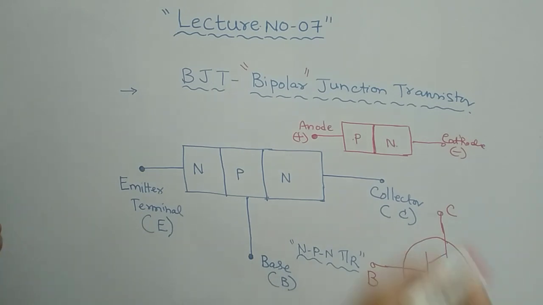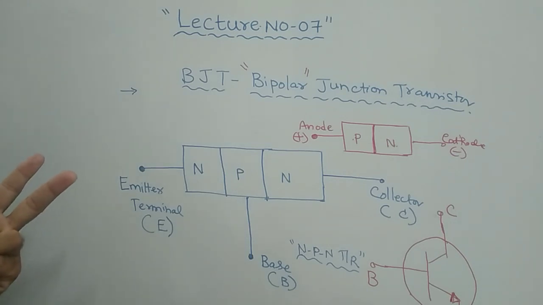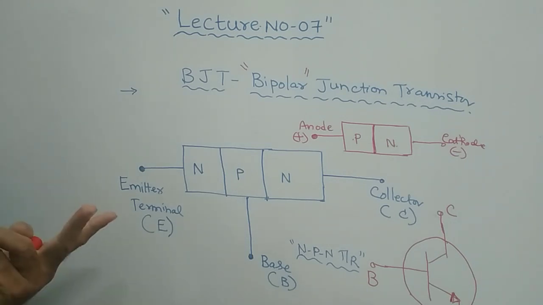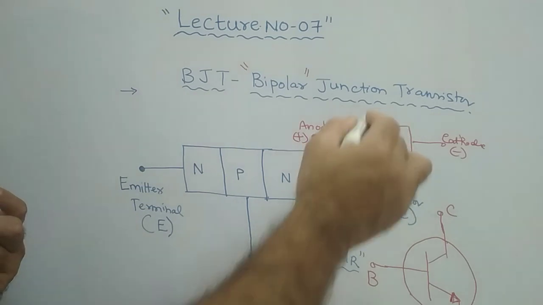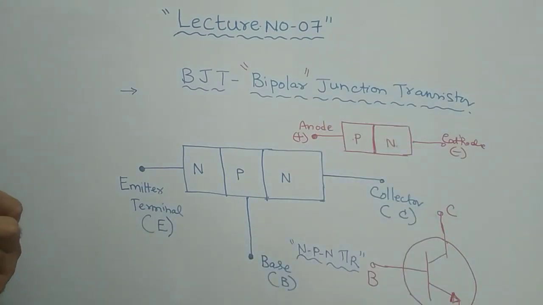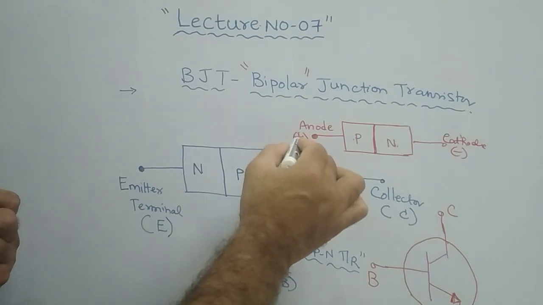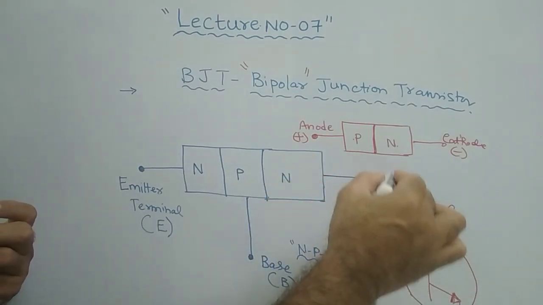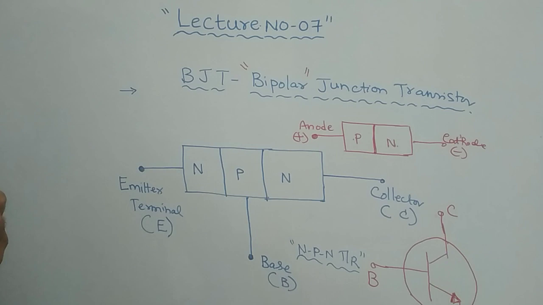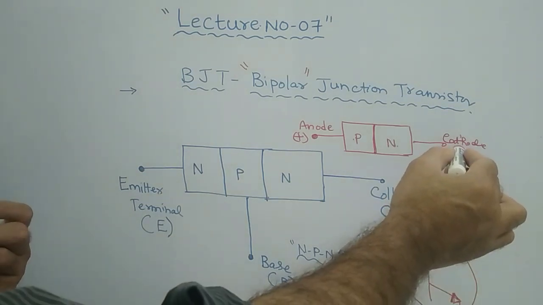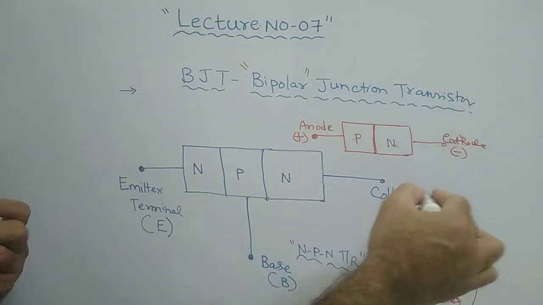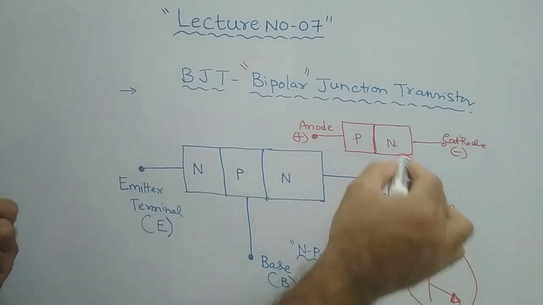Normally, as you know, the PN diode can be operated in two ways, right? One is the forward bias direction and the second is the reverse bias direction. In the forward bias direction, the positive terminal is connected to the positive terminal of the external battery, and the negative terminal of the diode is connected to the negative terminal of the external battery or power supply.